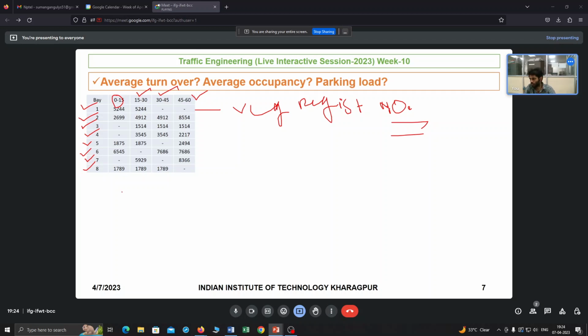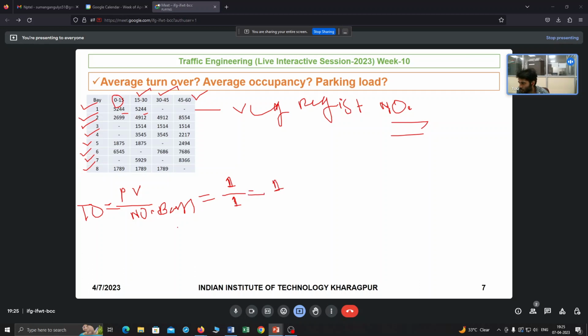Turnover is parking volume divided by number of bays, meaning total bays available; that is called the turnover, TO. For the first bay, these are the vehicles, and these are no vehicles. So the number of bays is 1, and the parked vehicle is also 1. These are the same license plate number. So for this it is 1.